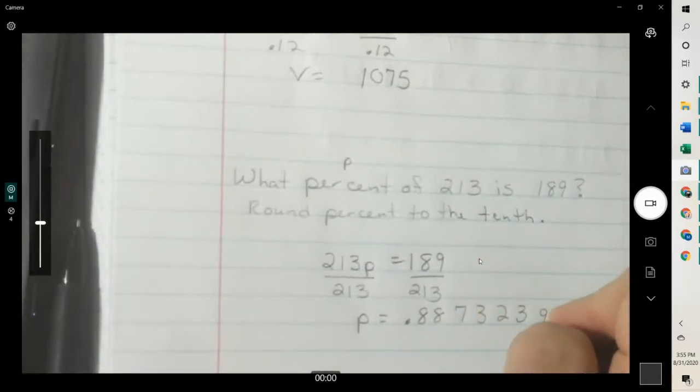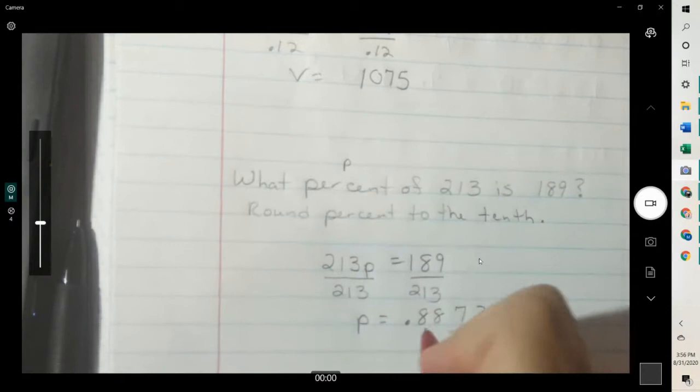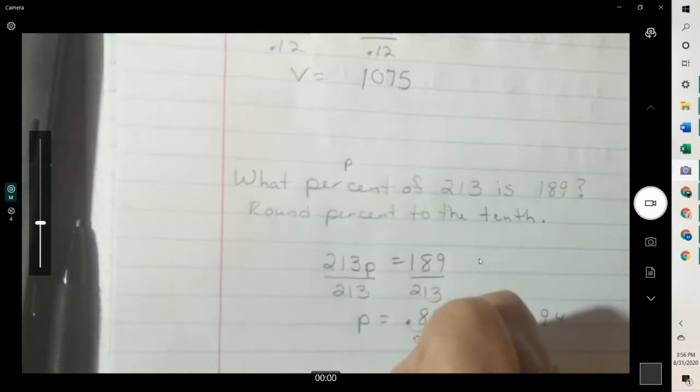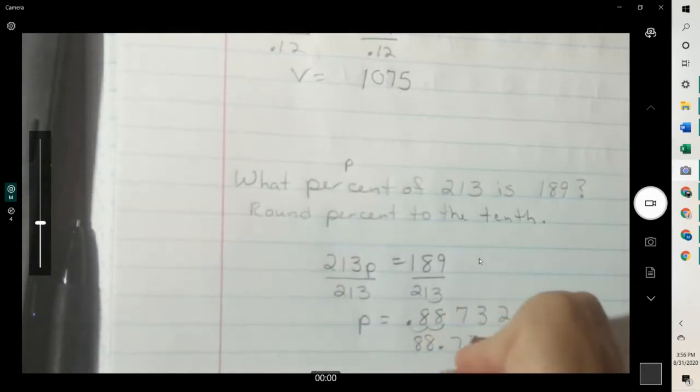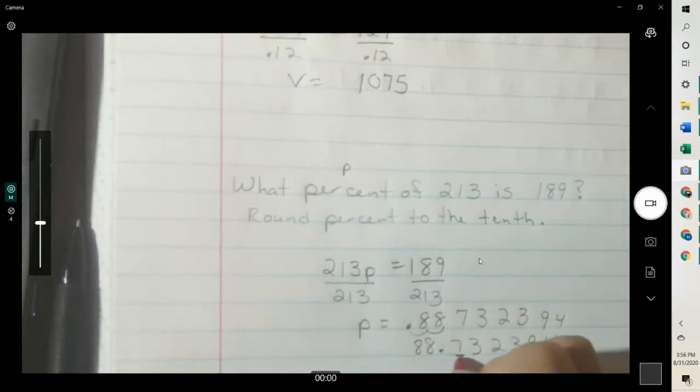Well, we don't really have to go any further, but okay. Now, don't round to the 10th until you make it a percent, because remember, this is the decimal when it's in the equation. So we have to move it over 2 to make it a percent. Then round to the 10th.